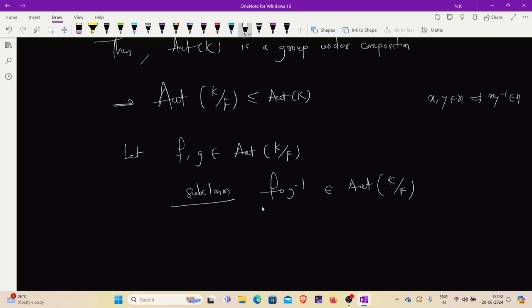So since composition of automorphisms is an automorphism, f composite g inverse is an automorphism of K. So that is not difficult to understand.